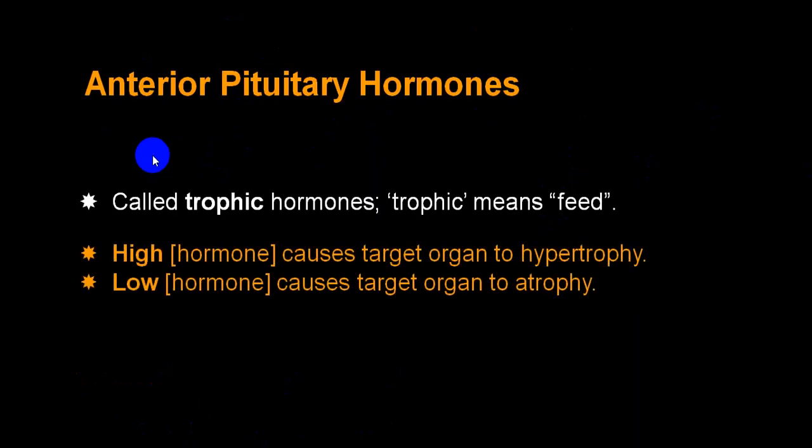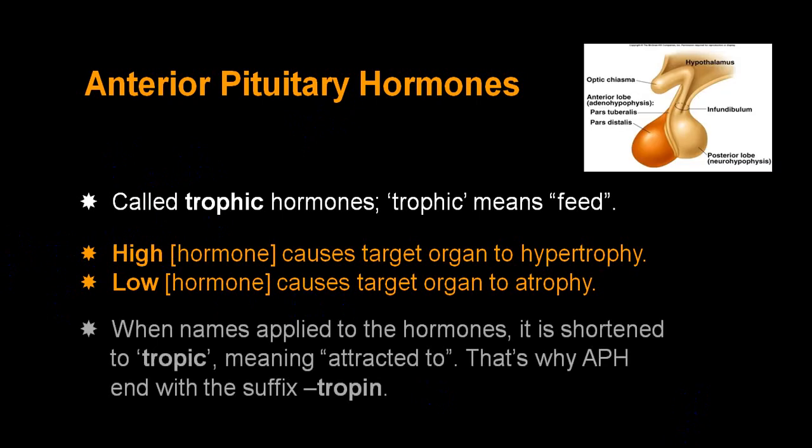Now, this slide I have already shown you before. The hormones secreted by the anterior pituitary we call trophic hormones, meaning they will stimulate a target organ further. A high level of them will give rise to target organ hypertrophy, and a low level will give rise to target organ atrophy. So they stimulate the second endocrine system: TSH will stimulate the thyroid gland, ACTH will stimulate the adrenal cortex.